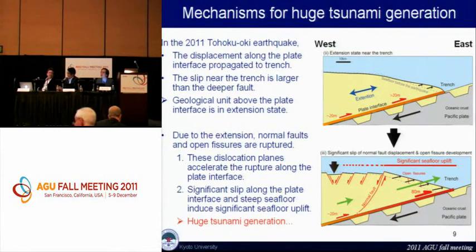Actually, we obtain the core samples here, but now we have only a shallow core sample, about 30 centimeters or something. But after next April, we will drill in this region. It's IODP drilling, and we will try to penetrate the plate interface near the trench.